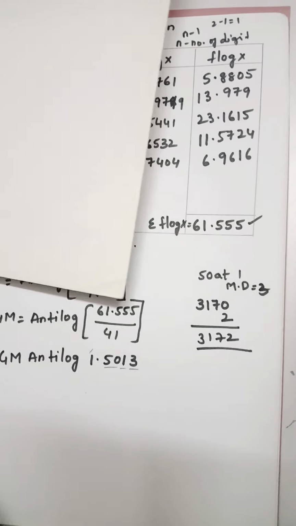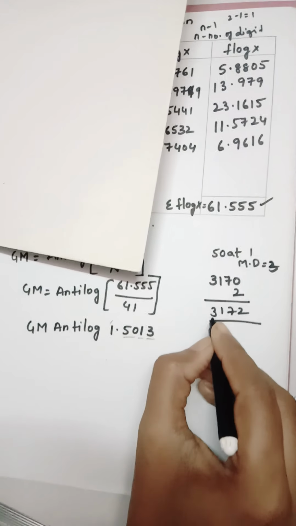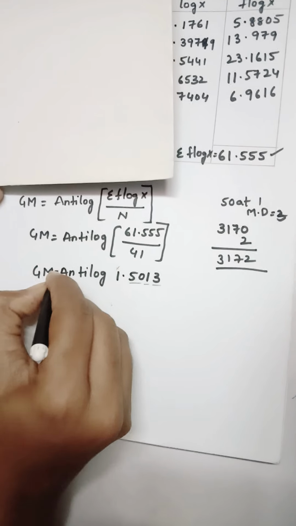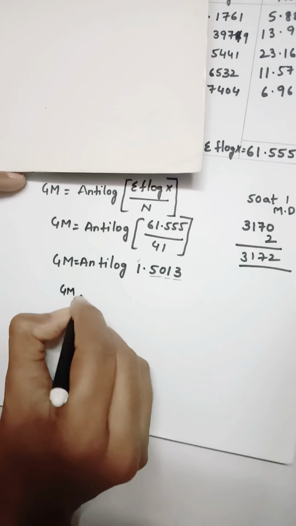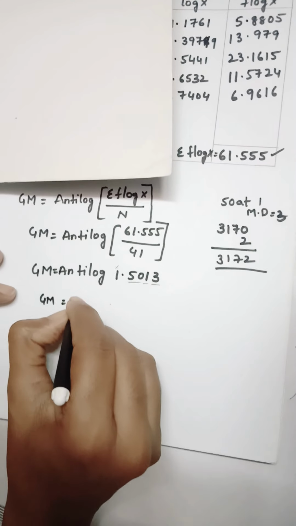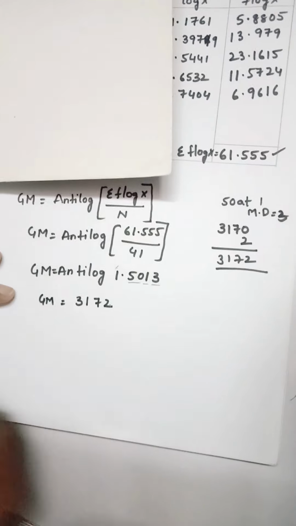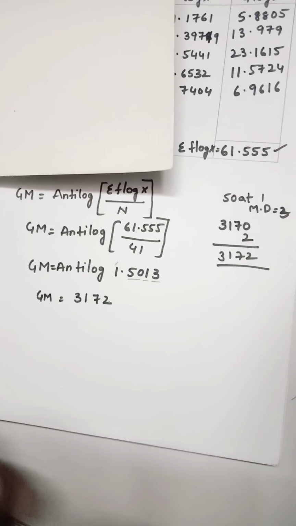So the value is 3172. So the geometric mean is 3172.